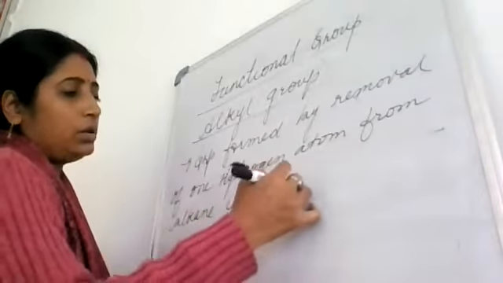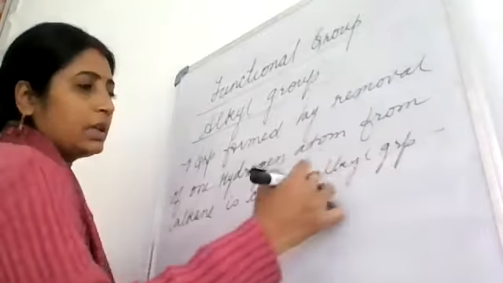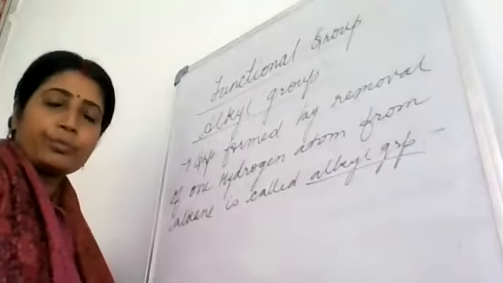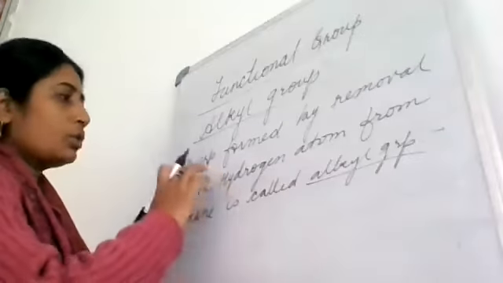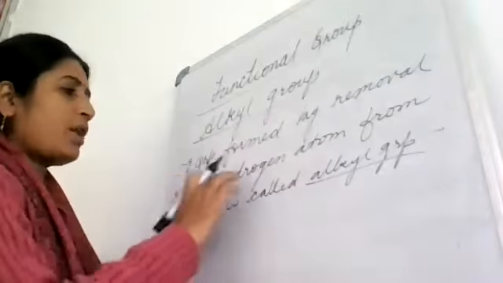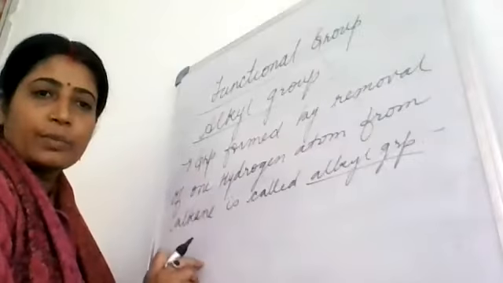What is alkyl group? Is the board clear? Yes, ma'am. So the group formed by removal of one hydrogen atom from alkane is called alkyl group.